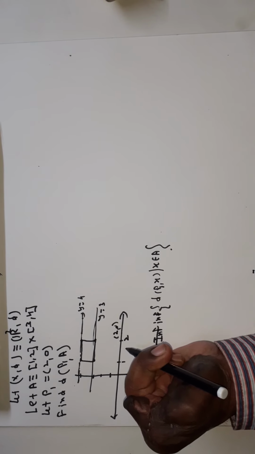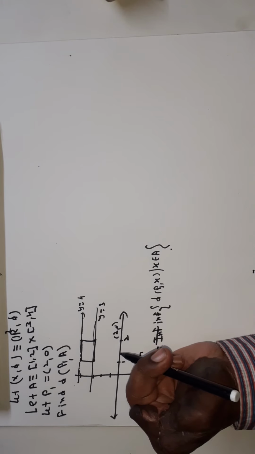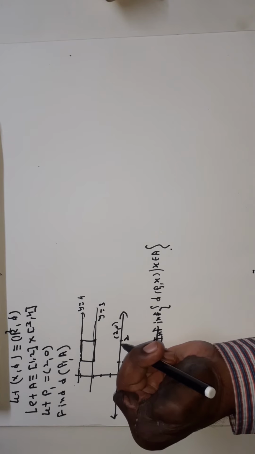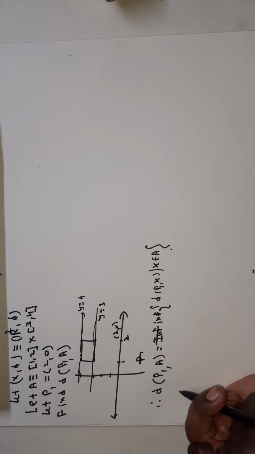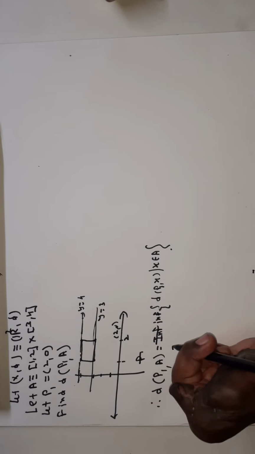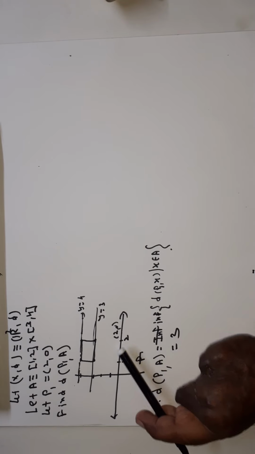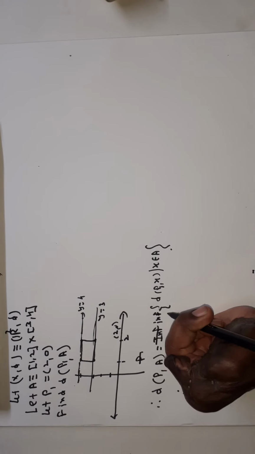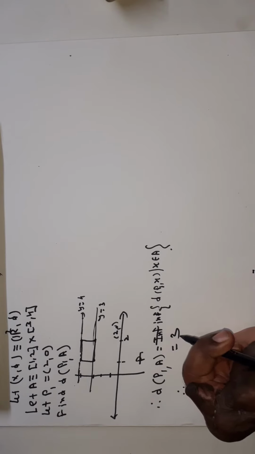The least distance of the point (2, 0) from the set A is 3. Therefore the distance between P and A is equal to 3, because it is the infimum of the distances between P1 and x, where x belongs to A. This is equal to 3.